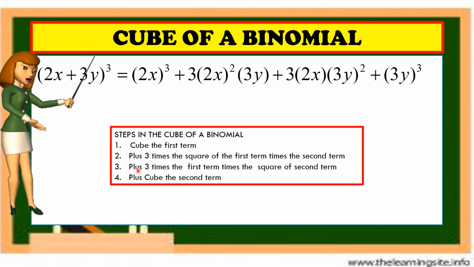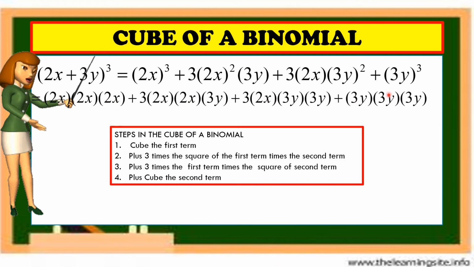The next step is plus 3 times the first term times the square of the second term. And the last is to cube the second term. The second term is 3y quantity cube.